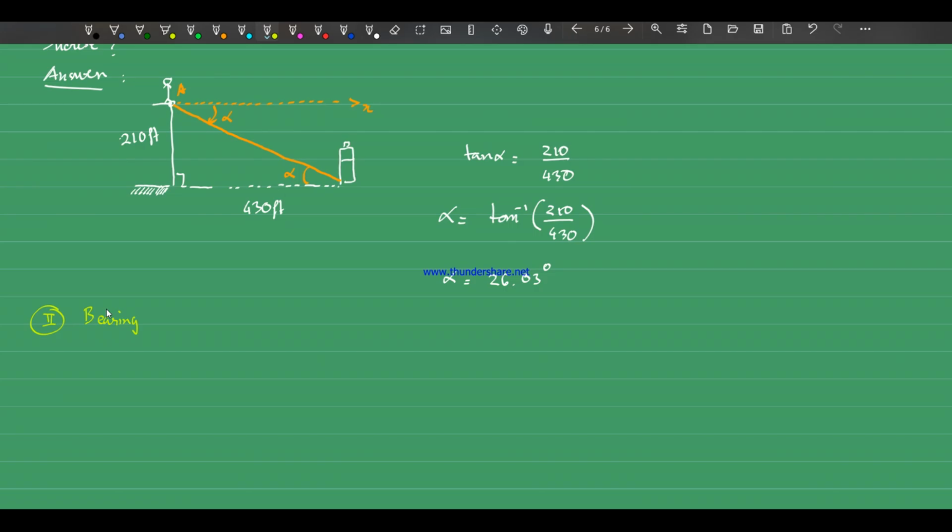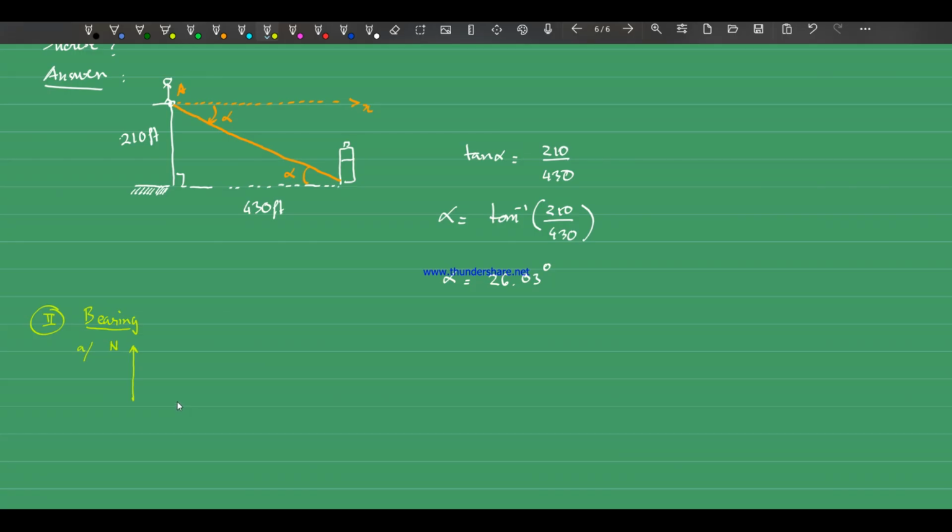And there are two methods of expressing bearing. The first one, I'm going to call it A, is based on the north direction. So it's based on the positive y-axis, the north direction.